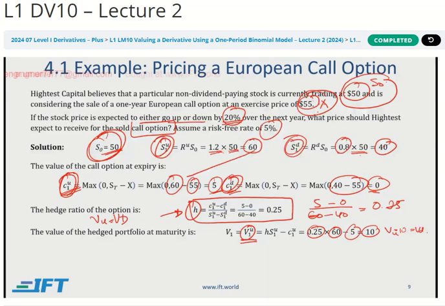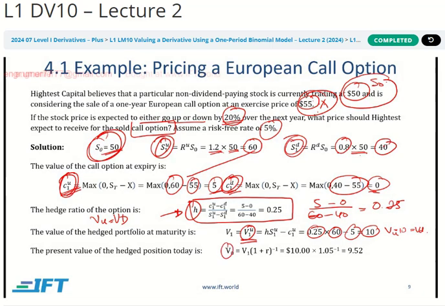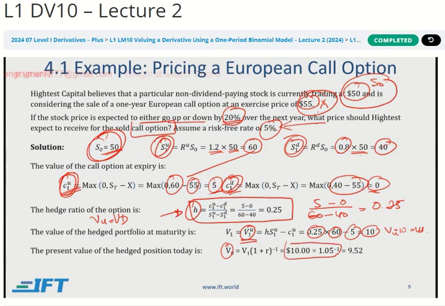Now we will discount this 10 back to today to calculate the investment, the financial institution's investment today, which is going to be discounted back one period at the risk-free rate, which is 5%, and you get 9.52. Now you know V0, you know the hedge ratio, you know the spot price today, right? And you can solve for the call option value today, which is the last step.